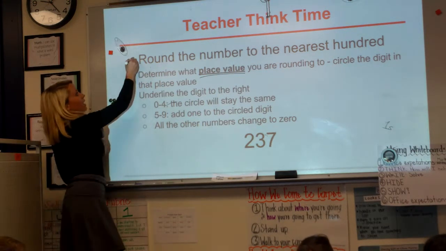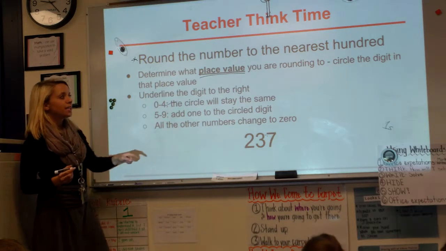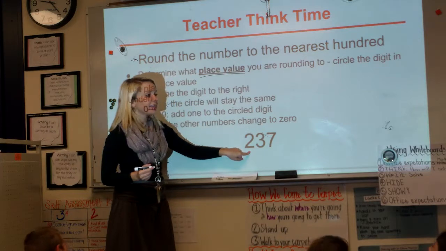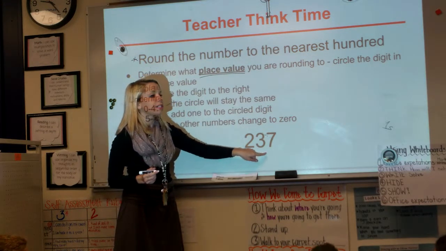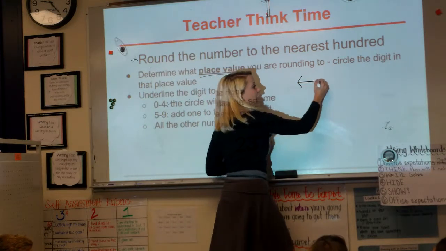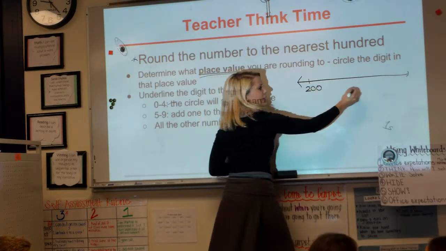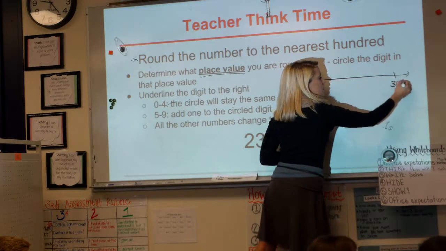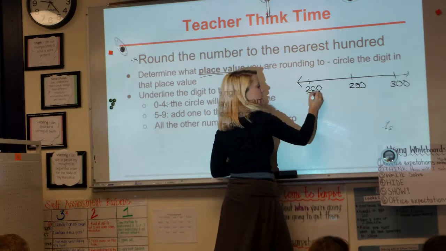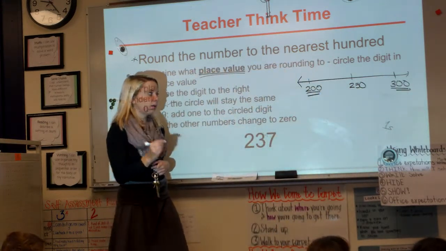So I'm going to read my initial question. Round the number to the nearest 100. So I know I'm being asked to round 237 to the nearest 100. I need to identify, is 237 closer to 200 or 300, because I'm rounding to the nearest 100.